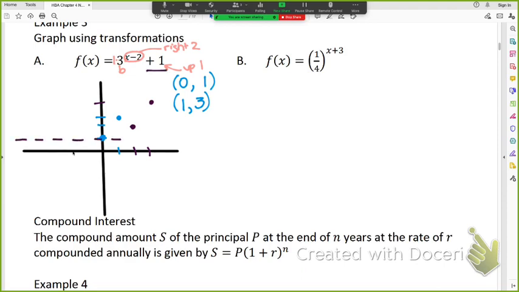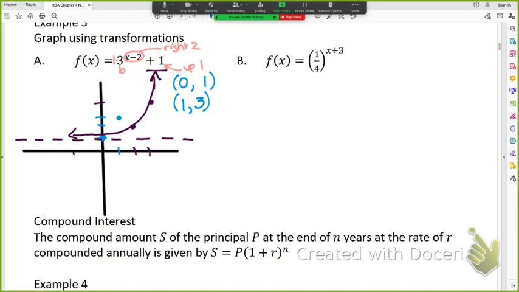The k value is always going to be your asymptote. Whatever k is will always be your asymptote. That's when your range starts to change. Your range would be from 1 to infinity rather than 0 to infinity.